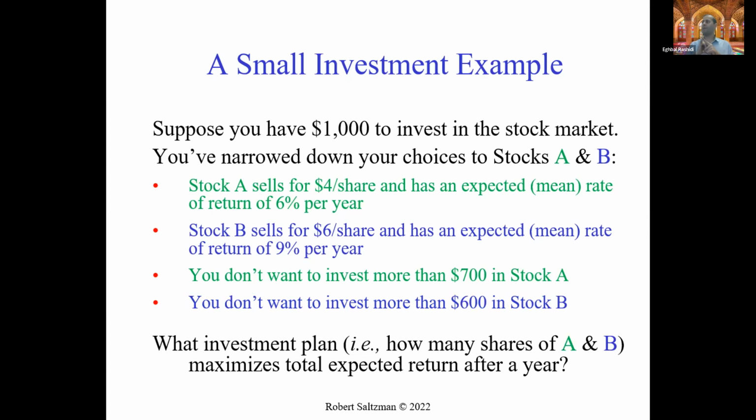You only have $1,000 to invest, no more than $600 in stock B and $700 in stock A. Now the question is, you want to find the best investment plan for you: how much of stock A and stock B you should purchase to maximize your investment profit, or rate of return, in a year.